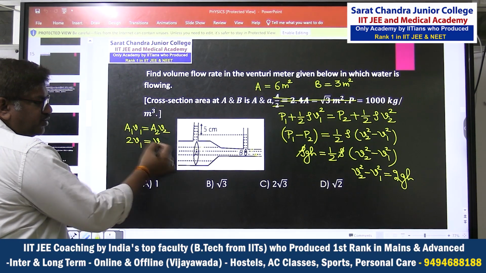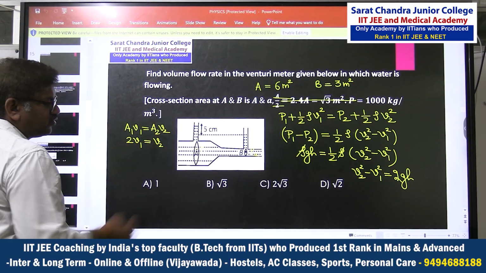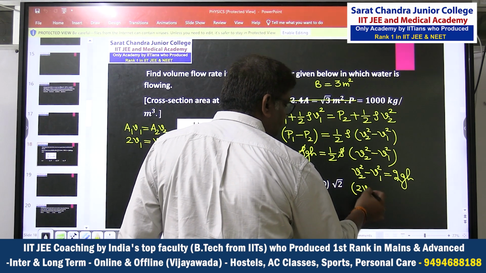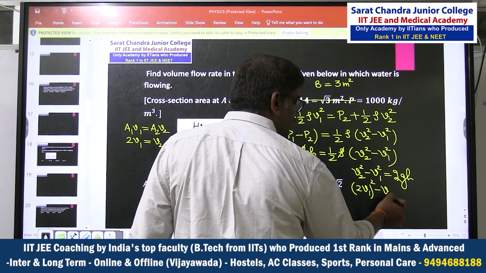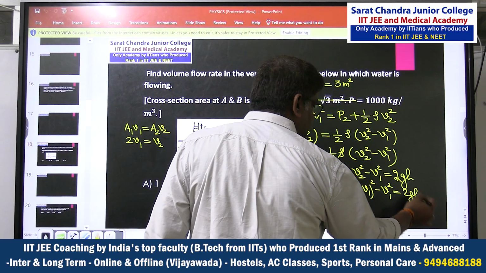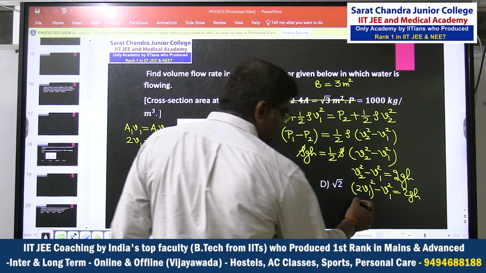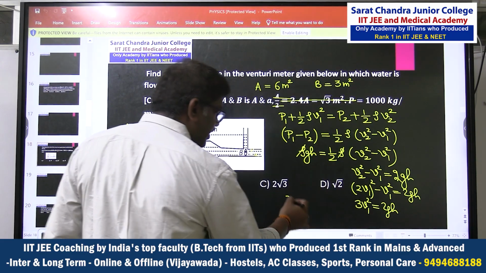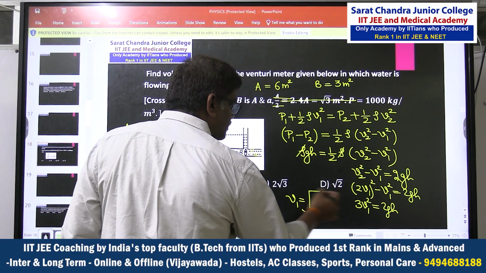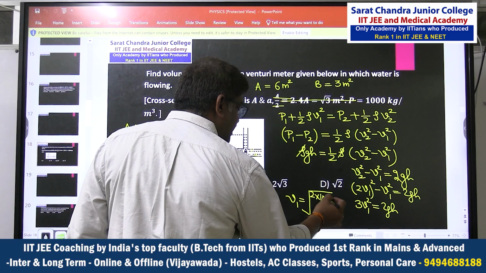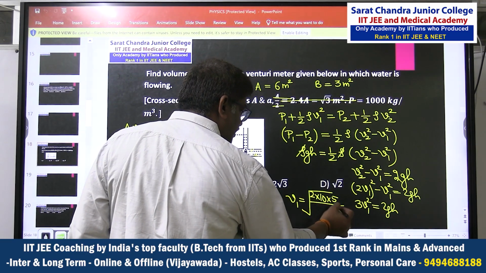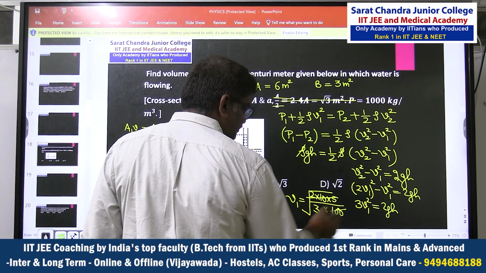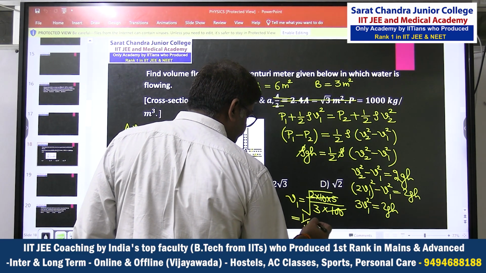So since this is 2:1, this is giving you 2V1 equals V2. That means I can replace V2 as 2V1 whole square minus V1 square equals 2GH. Now substitute these values, so 3V1 square equals 2GH. This way you are getting V1 as under root of 2 into 10 into 5 by 100 by 3, which is giving me 1 by root 3.